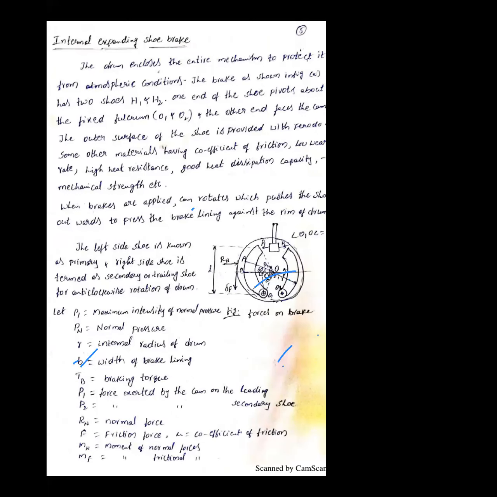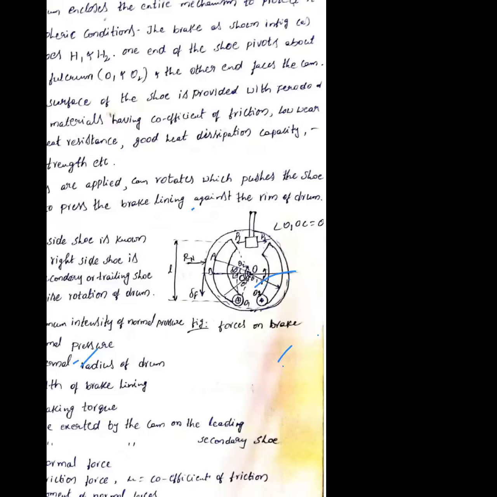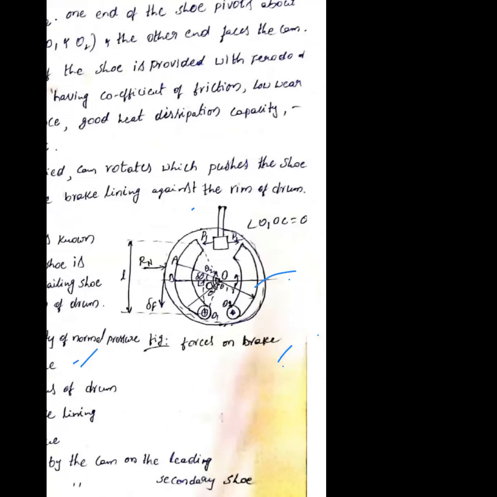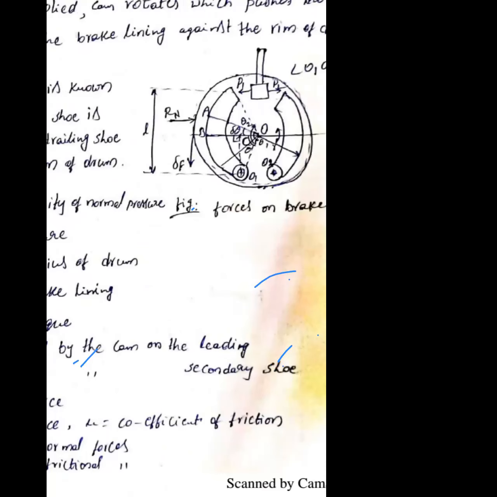The left side portion is taken as the primary shoe, and the right side portion is taken as the trailing or secondary shoe. Regarding forces, observe how many forces are acting on the system in the diagram.